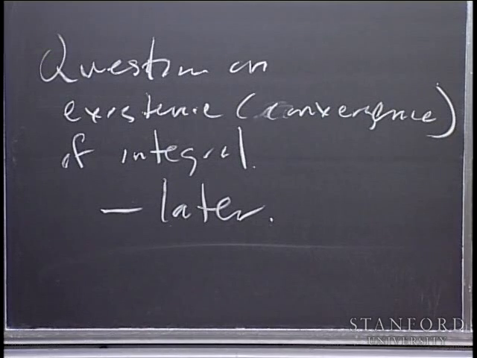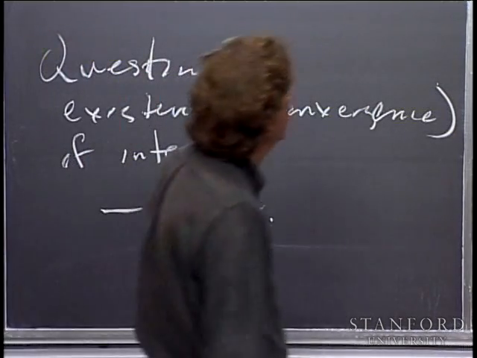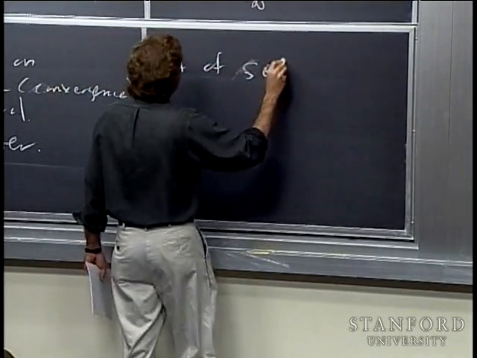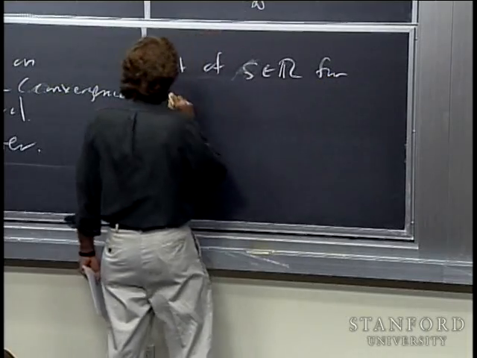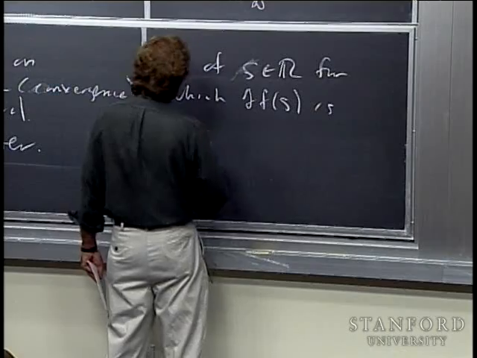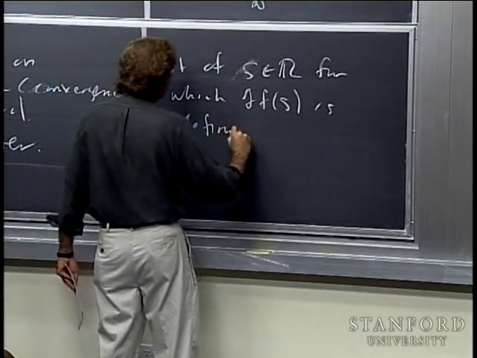But just to introduce a bit of terminology here, something that I'm sure you've heard and I actually have used, somewhat informally: the set of points for which the integral does exist, that is to say for which the Fourier transform exists, is called the spectrum. So the set of s in R for which the Fourier transform is defined, that is to say for which the integral exists, is called the spectrum.